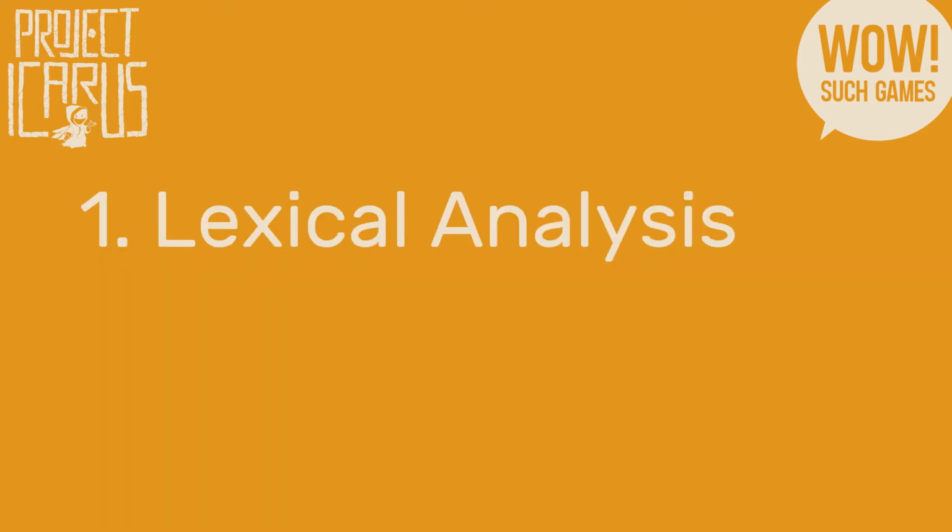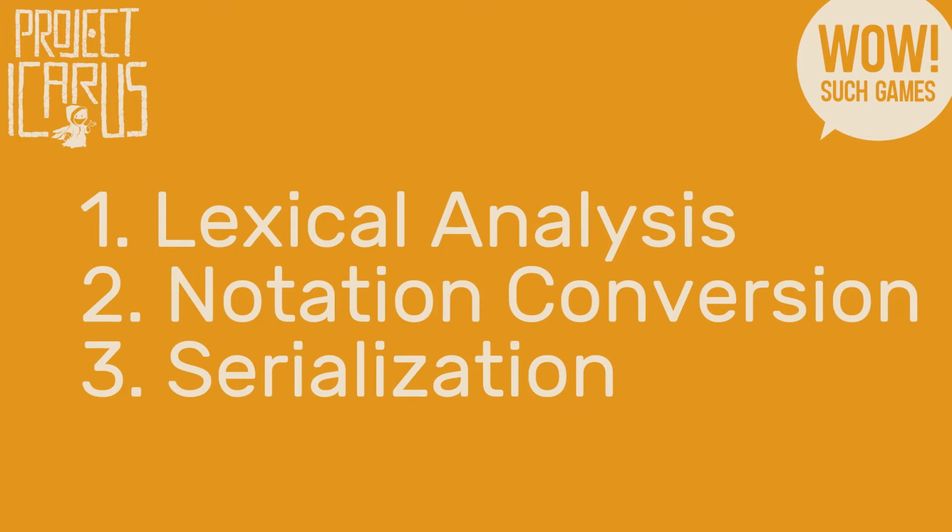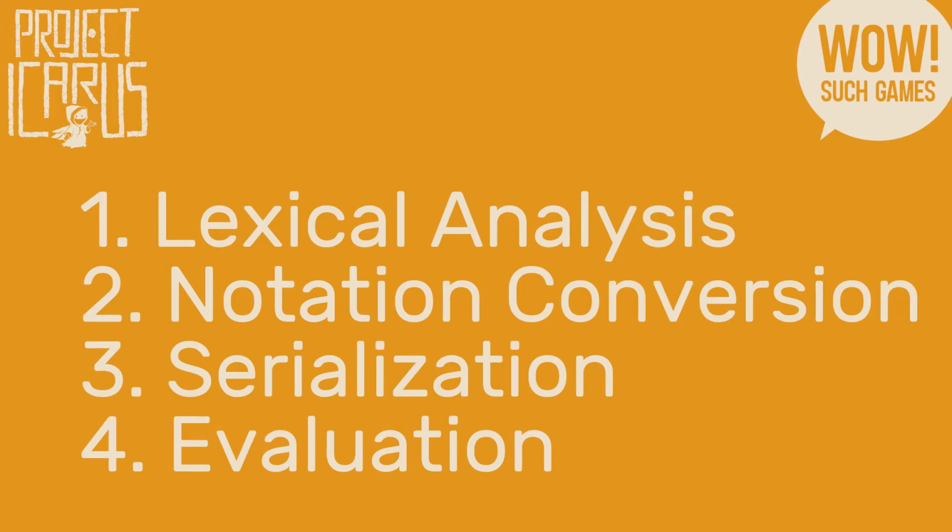These steps are lexical analysis, which converts our expression into a series of tokens; notation conversion, where we translate the expression from a human-readable format to a computer-readable format; serialization, which generates an expression object that can be serialized using Unity's default serialization system; and finally, evaluation, which is the step that calculates the result of our expression. As you can see, there are several steps we need to figure out before we can even evaluate our expression, so let's get right to it.